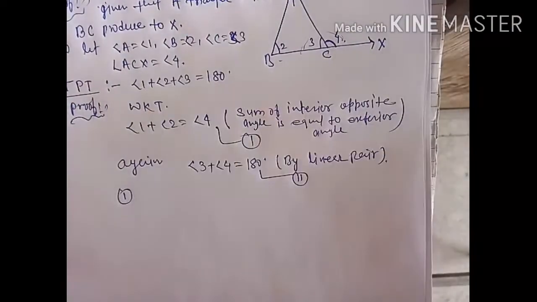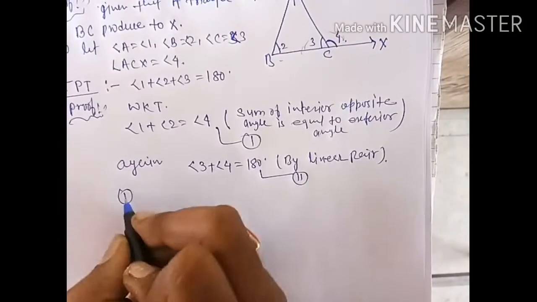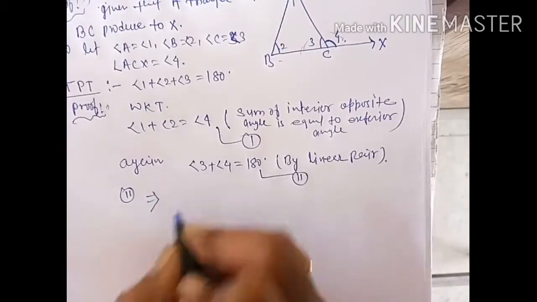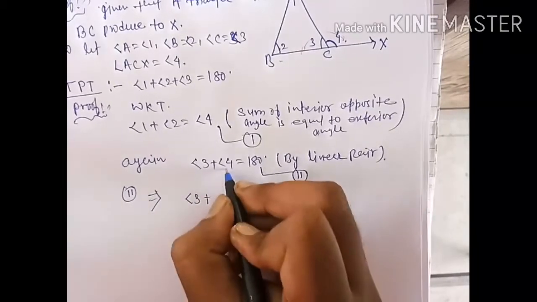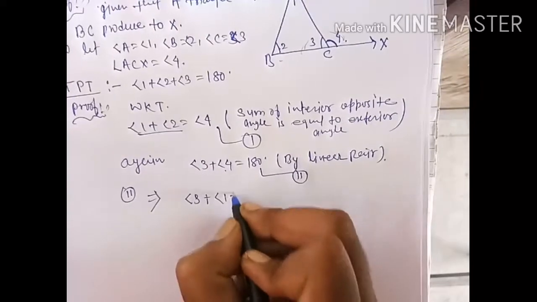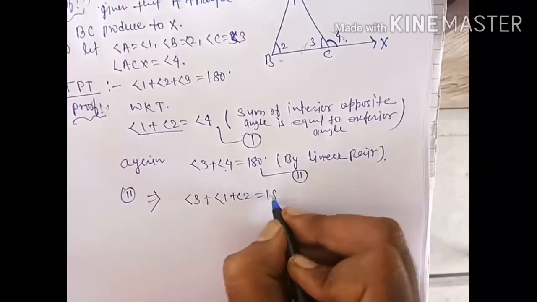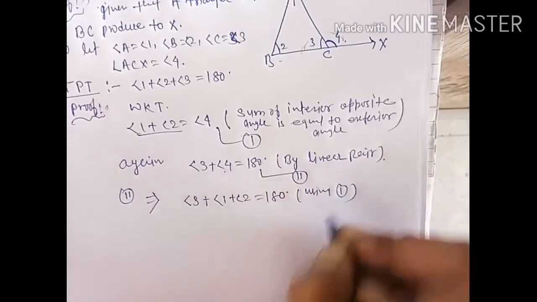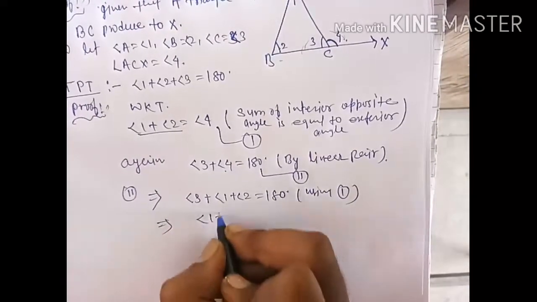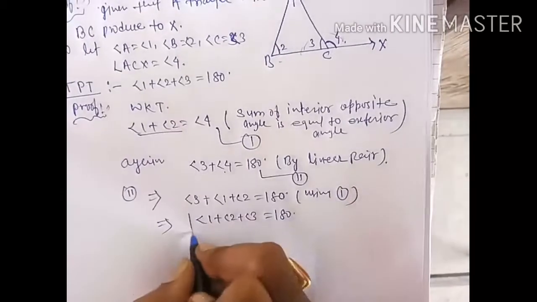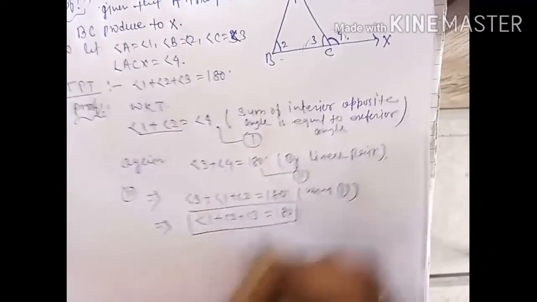In equation 2, in place of angle 4 we can put angle 1 plus angle 2 using equation 1. So angle 1 plus angle 2 plus angle 3 is equal to 180 degree. This is the angle sum property of triangle.